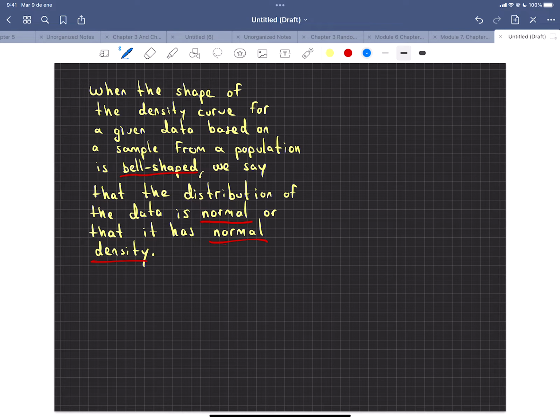So the key to identify when we're talking about a normal distribution is that it has this form. The density is bell-shaped, like a bell. See that? This kind of density can be modeled, or explained, with a mathematical function.